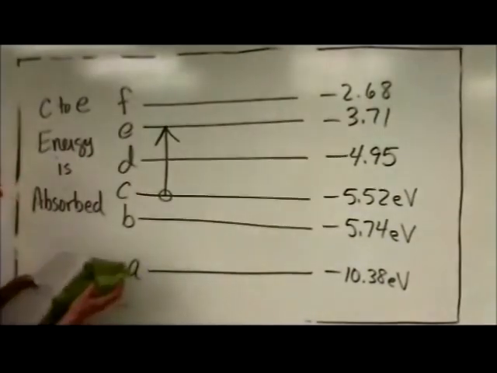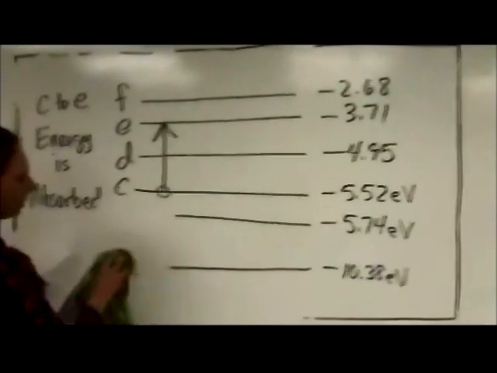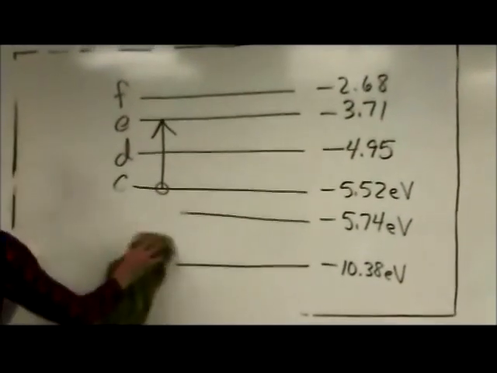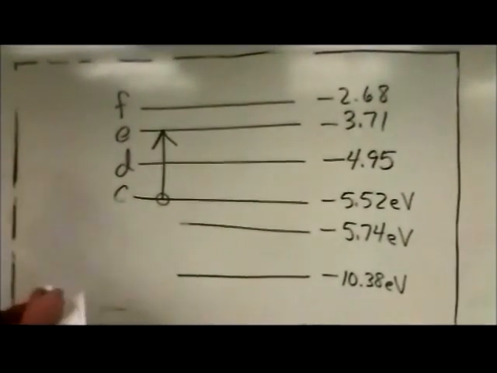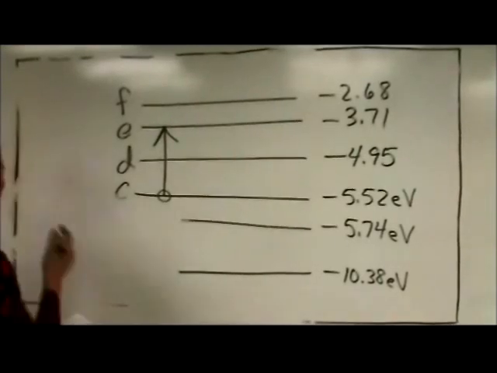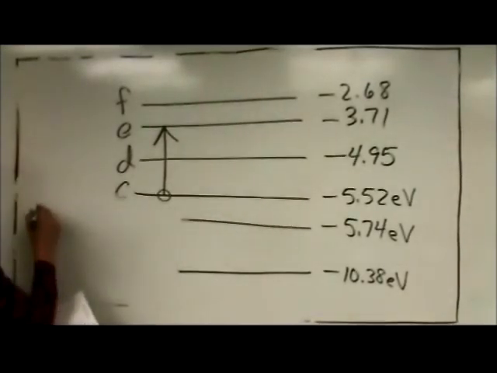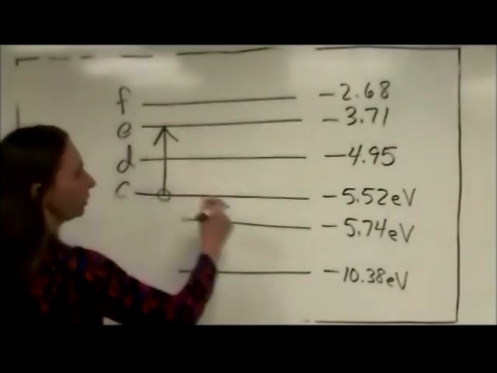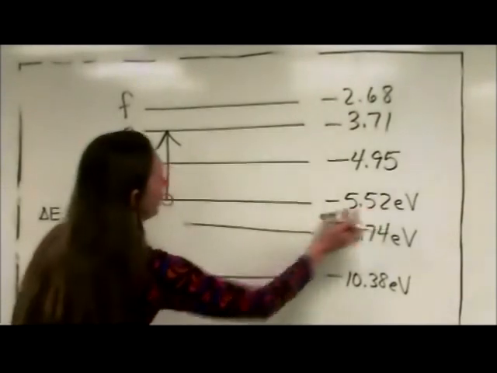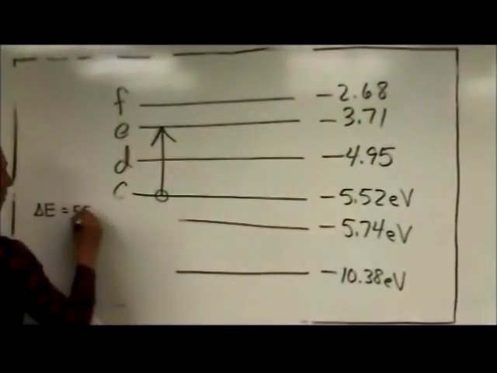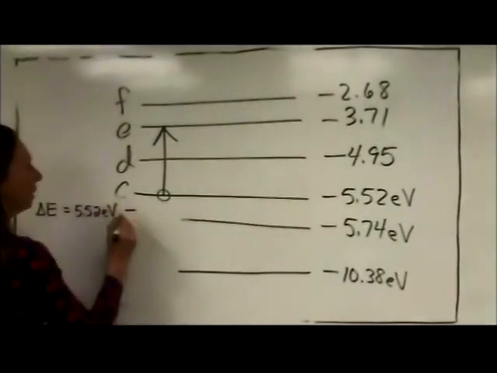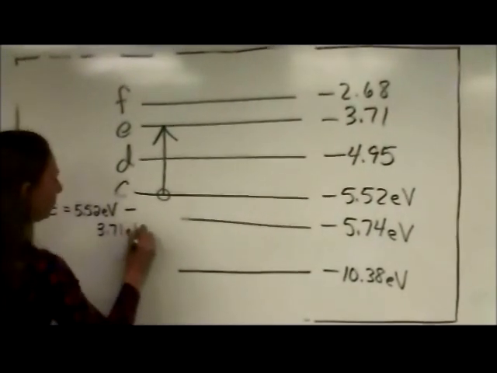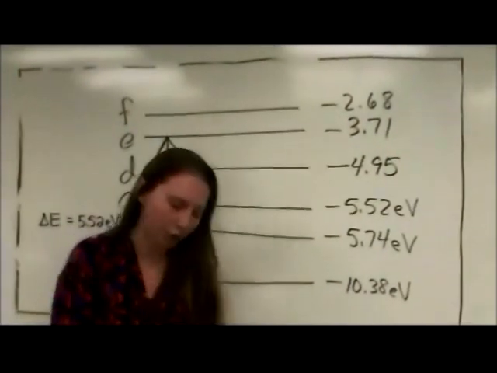To find the change in the energy, we're simply going to subtract: 5.52 electron volts minus 3.71. And again, you have to be very careful when you're reading this chart.